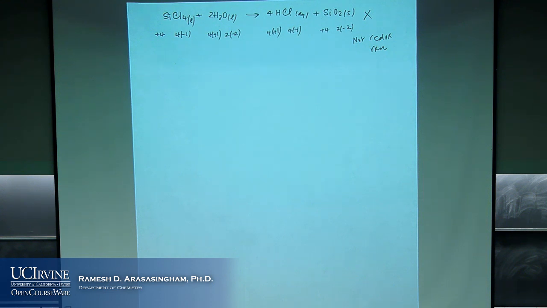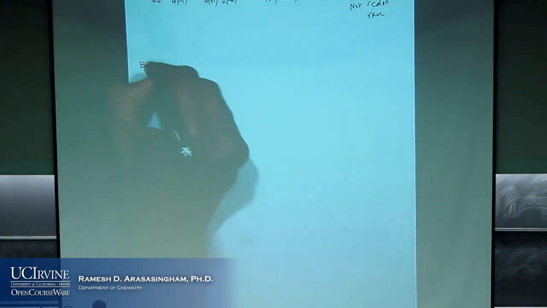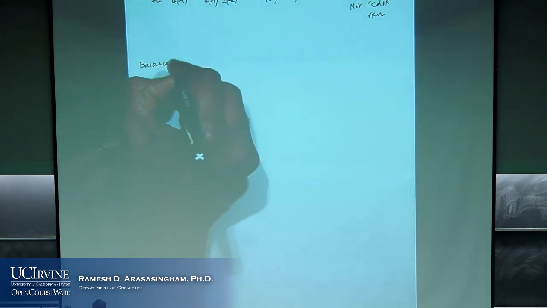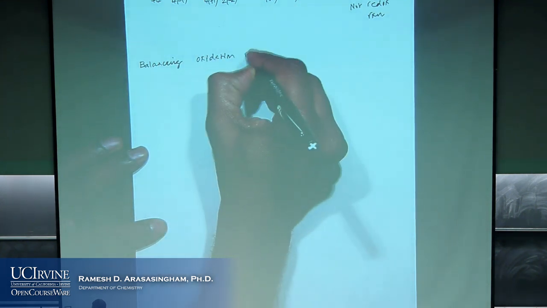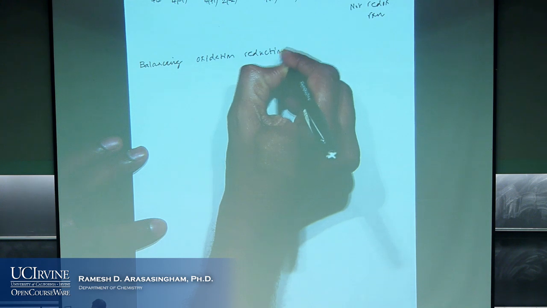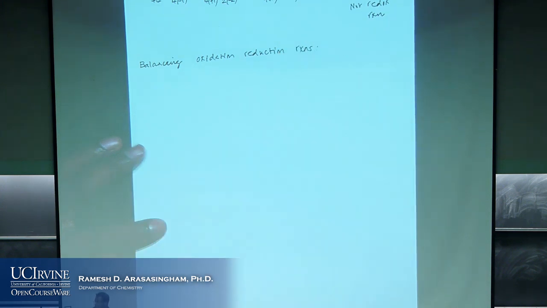Okay? So now we're going to look at something that's very, very important, and that is balancing oxidation-reduction reactions. All right? Up to this point, I'm going to give you one example.